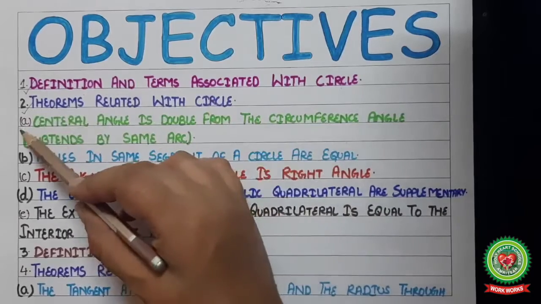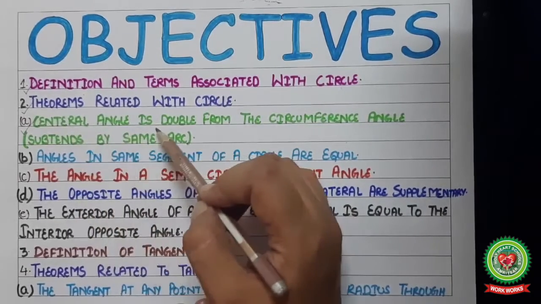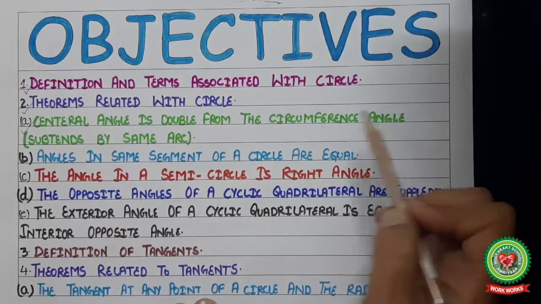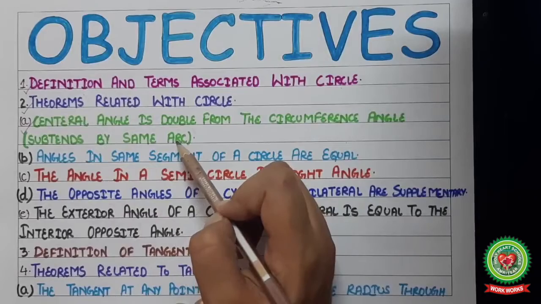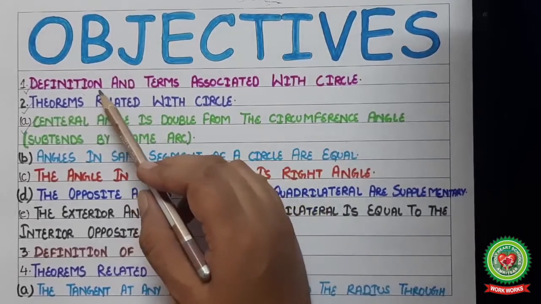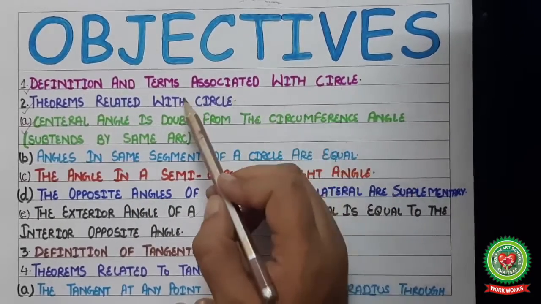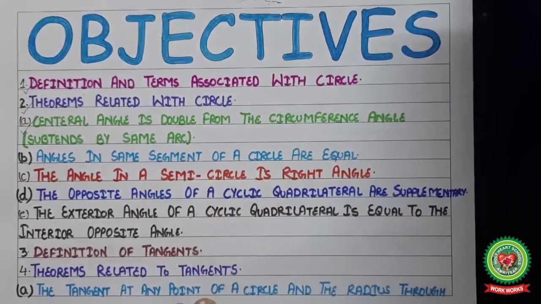Today we will do theorem number 1, that is the central angle is double the circumference angle subtended by the same arc. So children, first of all we will do all the definitions and terms related to the circle, then we will do its first theorem. So let's have a look at the topic.